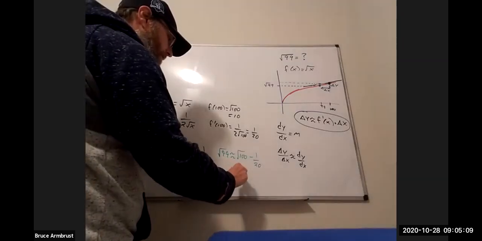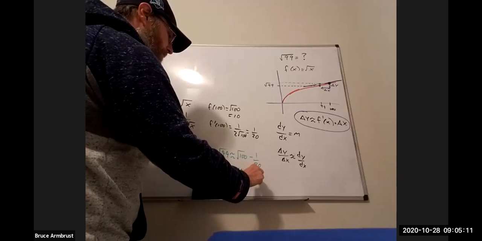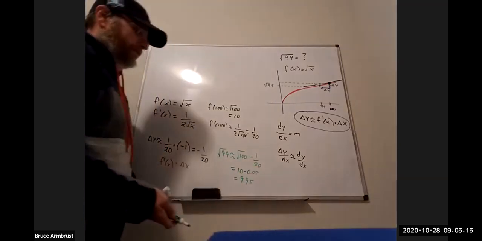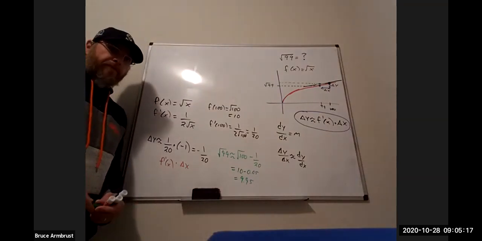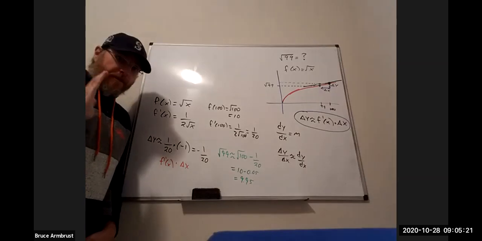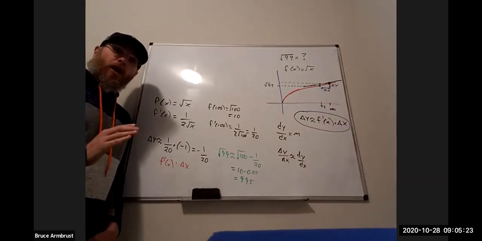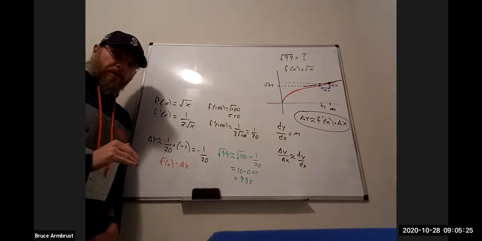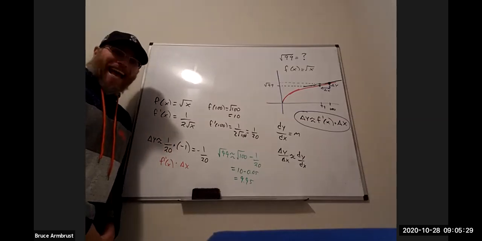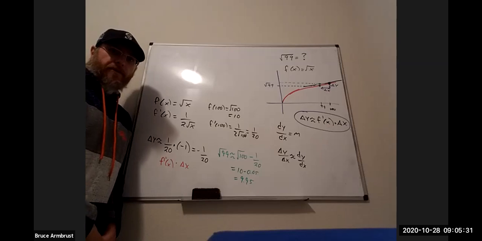So this is 10 minus 0.05, or 9.95. So the square root of 99 is going to be around 9.95. It's not exactly 9.95, but it's going to be close.